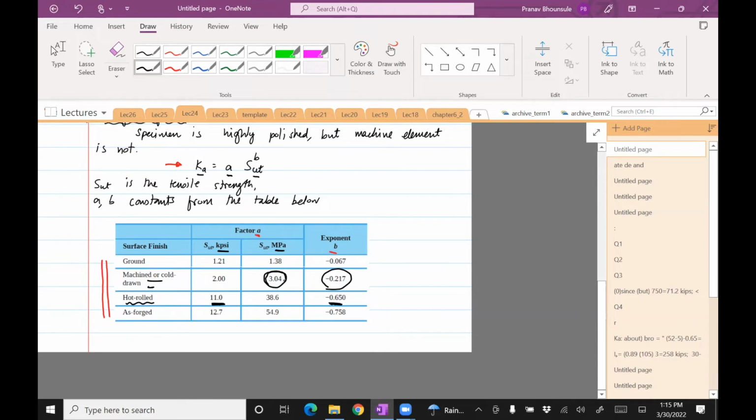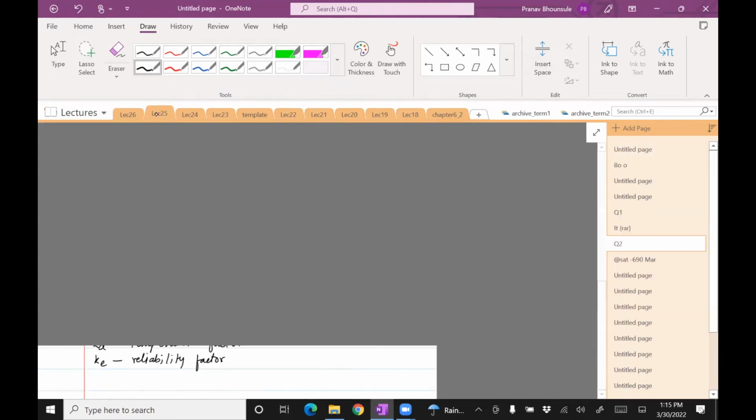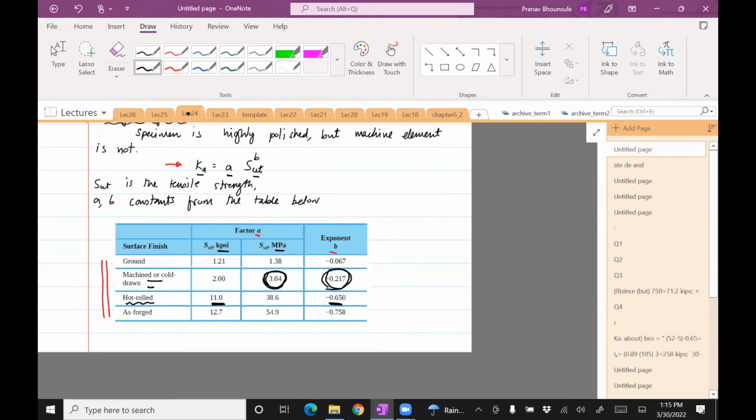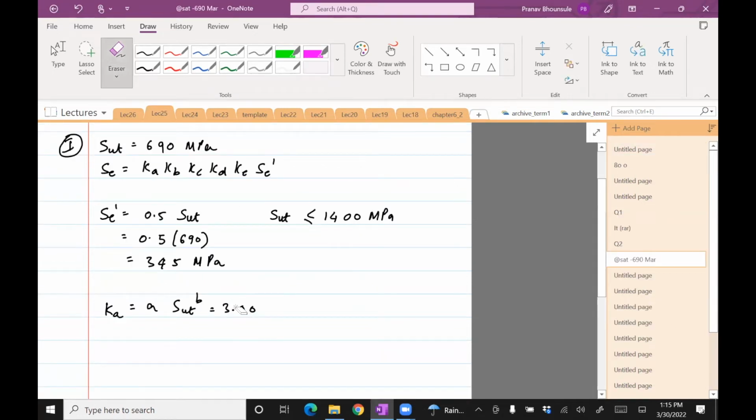We are in MPa, so a is 3.04 and b is minus 0.217. So Ka is 0.714.